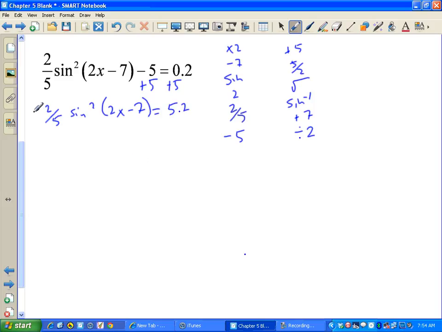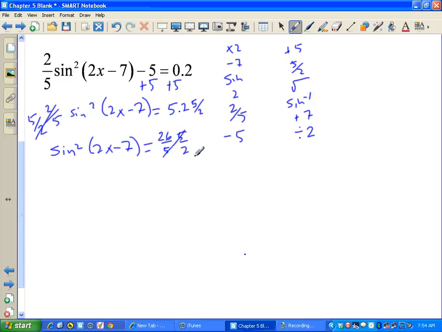Then I need to multiply by 5 halves because that will get rid of this. So that cancels this. I get sine squared of 2x minus 7 equals, now 5.2 would be the same as 26/5 times 5 halves.